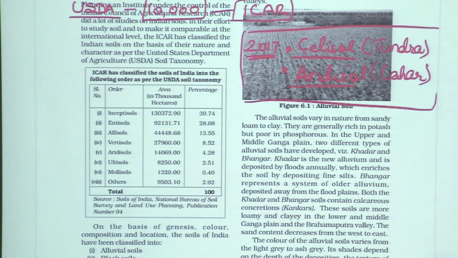These names are missing in our NCERT also. What are the names that are written in NCERT? Inceptisol, alfisol are forest soil, largely belonging to deciduous.